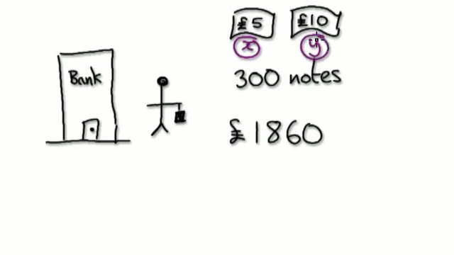And let y represent the number of £10 notes. Now, if you get x, the number of £5 notes, plus the number of £10 notes, not the value, the number, this adds up to 300.